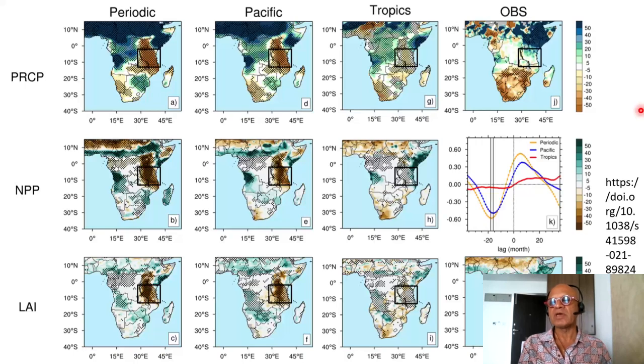This is a modeling paper that looked at the forcing of the East African vegetation in response to Indo-Pacific temperature forcing. So as you know, there is El Nino, La Nina in the Pacific Ocean, and the Indian Ocean responds with also an east-west pattern, and there is a big debate about whether there is an independent Indian Ocean dipole and so on.